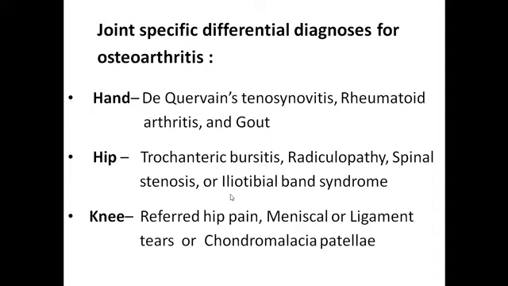In the case of the hip, you can consider trochanteric bursitis, radiculopathy which comes from the low back, such as lumbar spondylosis or PLID, spinal stenosis or iliotibial band syndrome. In the case of the knee, referred hip pain, meniscal or ligament tears, or chondromalacia patellae. This is the joint-specific differential diagnosis for osteoarthritis.